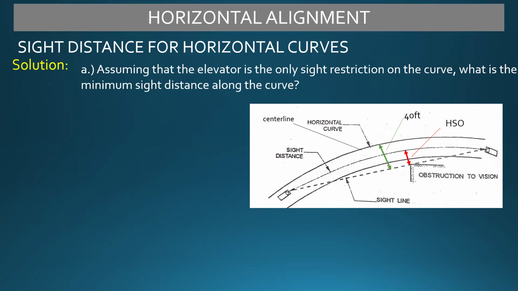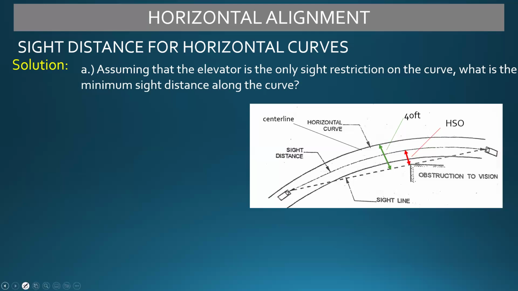And then again, our horizontal sight line, our sight distance is at the center line of one lane. Okay? Then HSO, this is the HSO. There we measure from the center line.